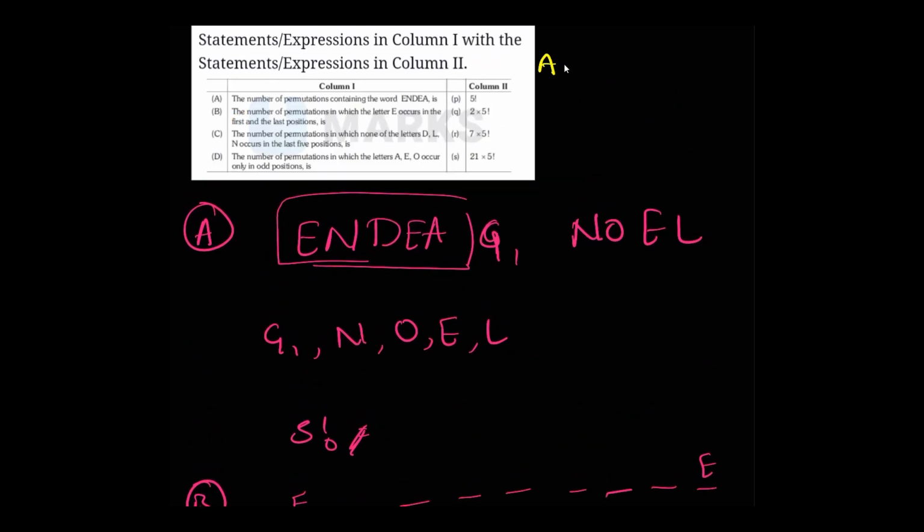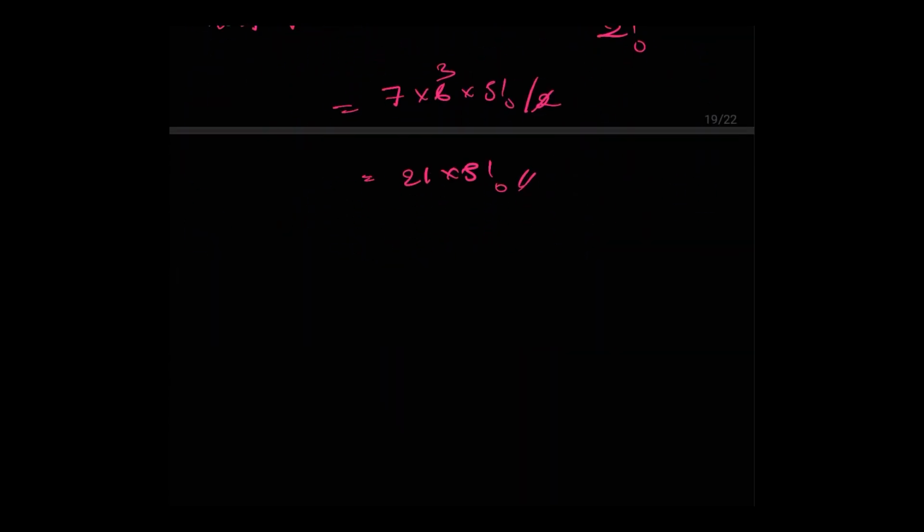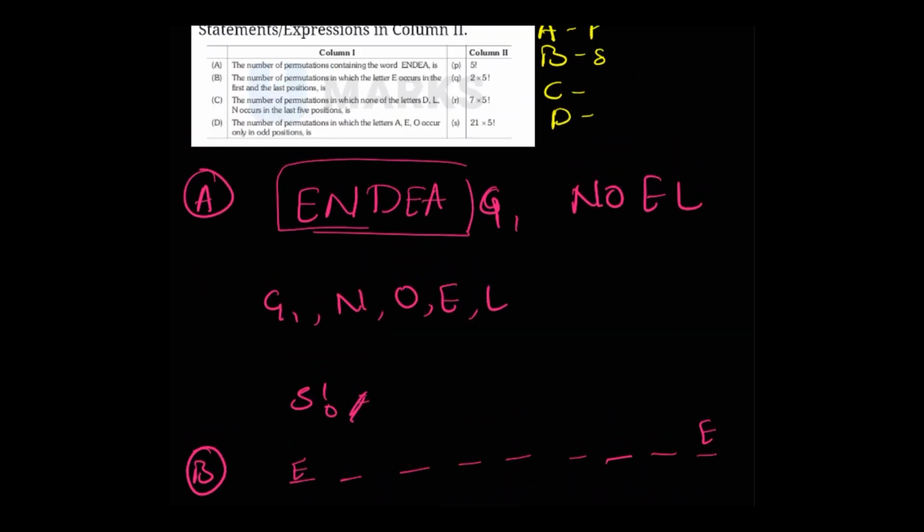Let us write here: A we got P, B we got S, and now C. Number of permutations in which none of the letters D, L, N occurs in the last 5 positions.